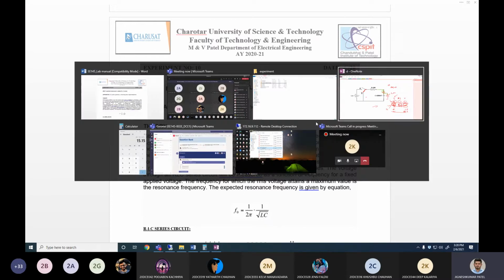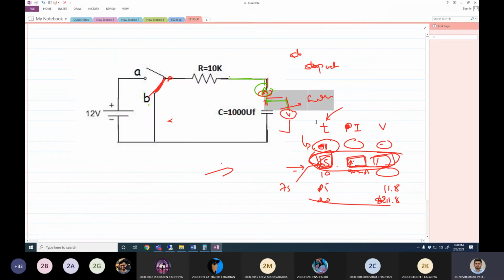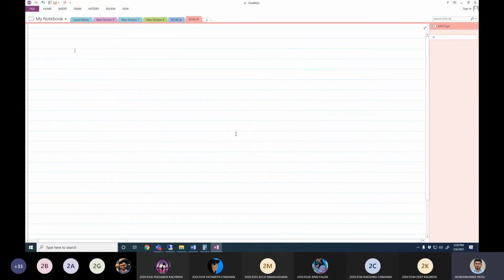In series resonance, when you change your frequency continuously, at some point resonance occurs. I am repeating the theory one more time. You have an alternating frequency source, and one resistor, inductor, and capacitor in series.